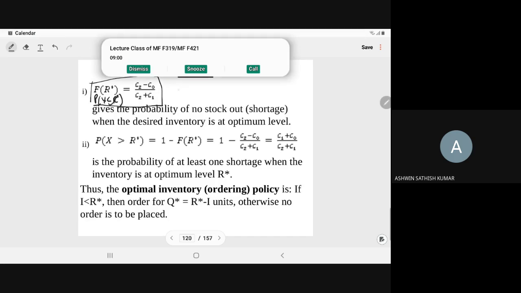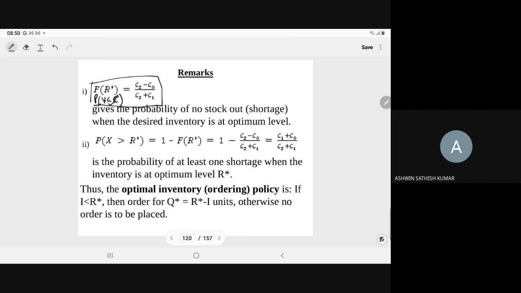If you have to compute the probability that X is greater than R star, that is 1 minus the probability that X is less than or equal to R star, that is 1 minus (C2 minus C0) upon (C1 plus C2), which gives (C1 plus C0) upon (C1 plus C2).